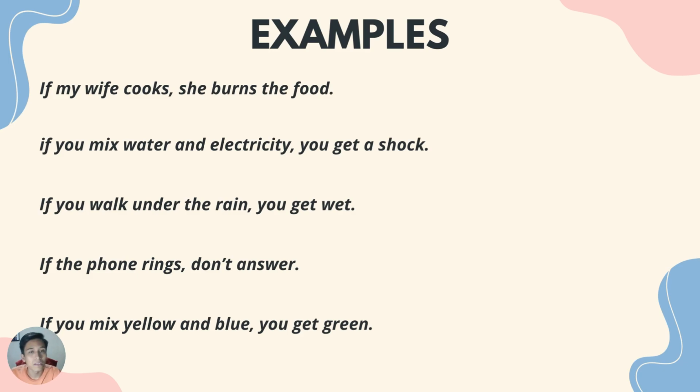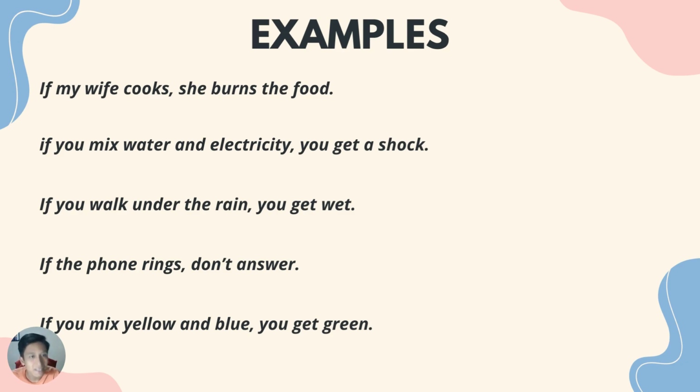So here I wrote some examples in order for you to understand everything I said a minute ago better. You will see that it's not difficult to catch how the zero conditional works.